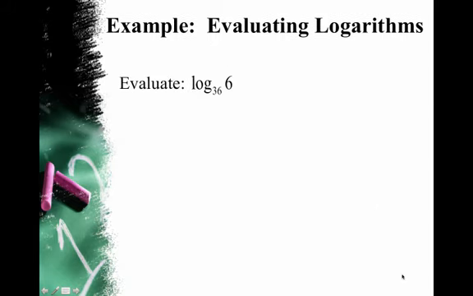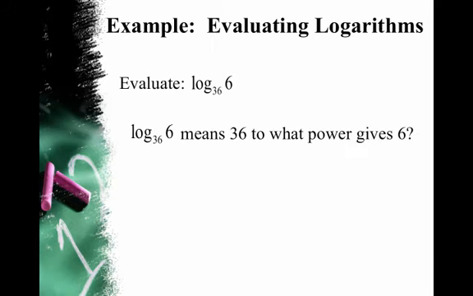What about log base 36 of 6? This means 36 to what power gives us 6? So again, in exponential form, 36 to what power equals 6? Well, the answer is going to be 1/2. How in the world are we getting this?